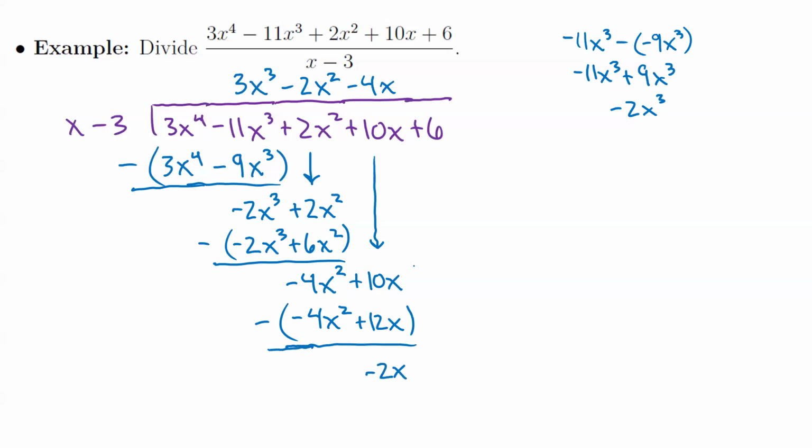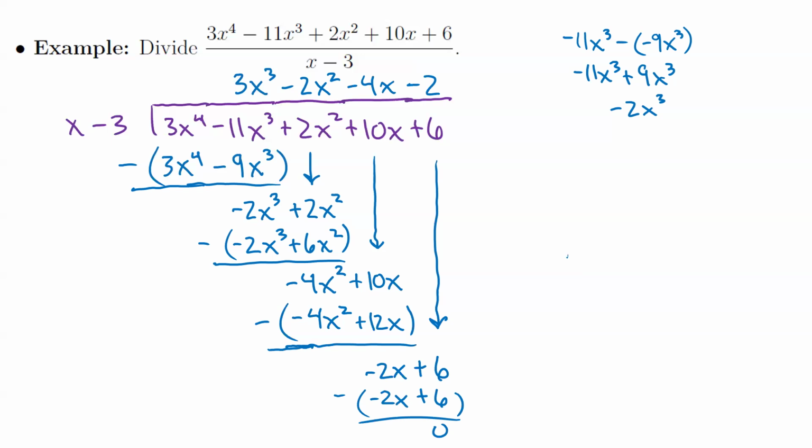So negative 2x is what's left there. Almost done. Bring down the plus 6. So minus 2 times x is negative 2x. Negative 2 times negative 3 is positive 6. So another one that doesn't have a remainder involved.